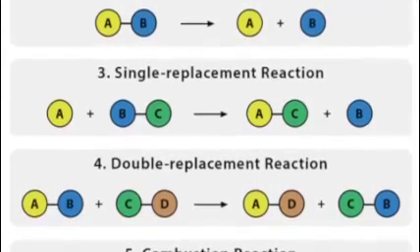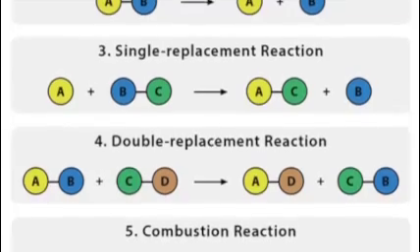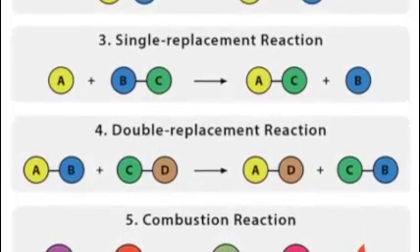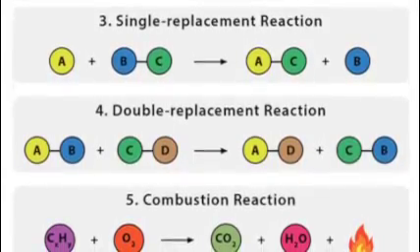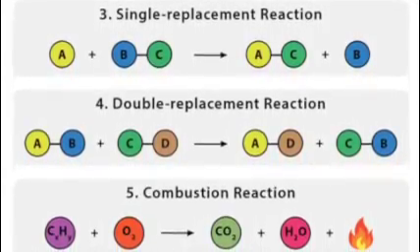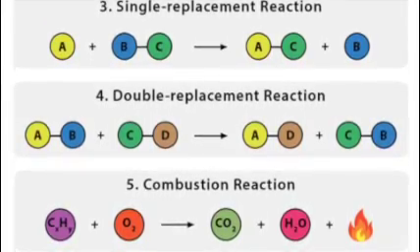Next is double replacement reaction, where we have 2 reactant products that form 2 new reactant products. Lastly, we have a combustion reaction, where we have a hydrocarbon plus an oxygen to yield carbon dioxide, water, and heat.